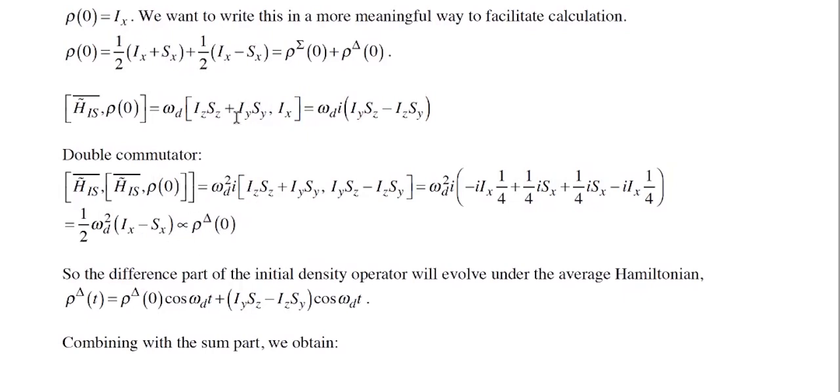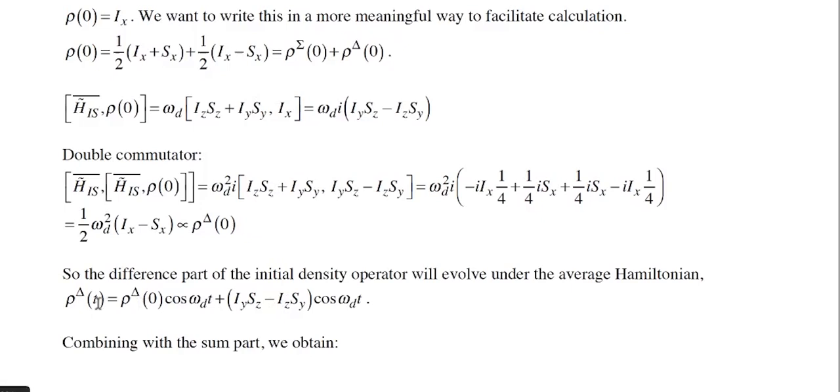It's exactly the same as this subtracted difference spin operator. So that's still useful. What this means is that this averaged heteronuclear dipolar Hamiltonian under the effective double spin lock will evolve the difference magnetization forward. It will not touch the sum magnetization.